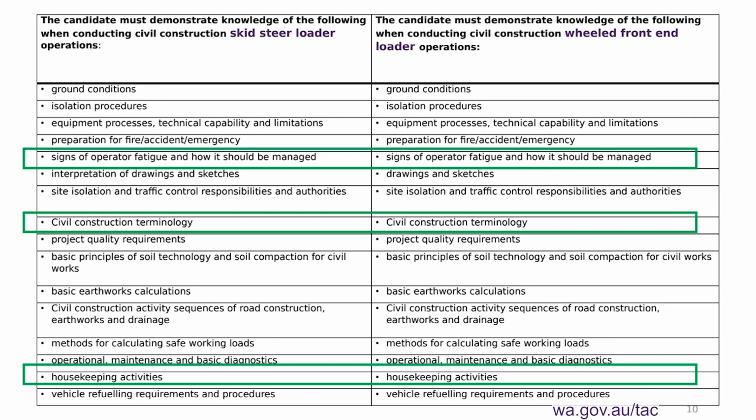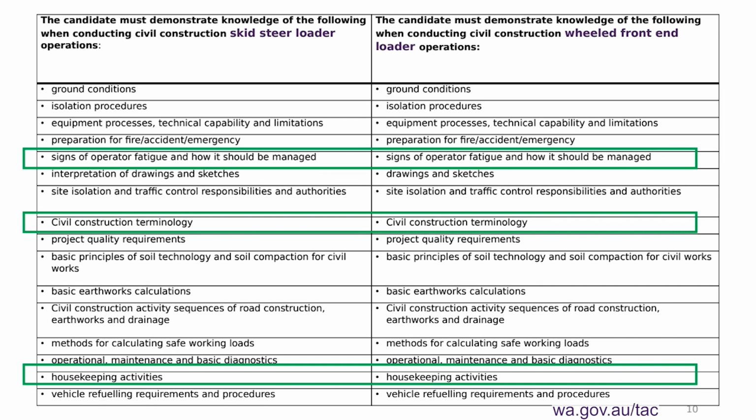When you look more closely, what you might find though is that some of the things that are in there might in fact be different, even though the word is the same. So the ones that you see in green boxes there are things that would sit across both units. Signs of fatigue and how you manage fatigue, as an example, is something that would be common irrespective of the kind of machine that you are operating.